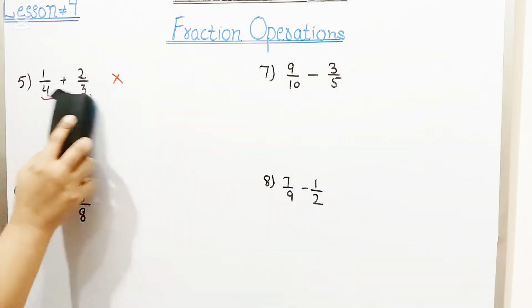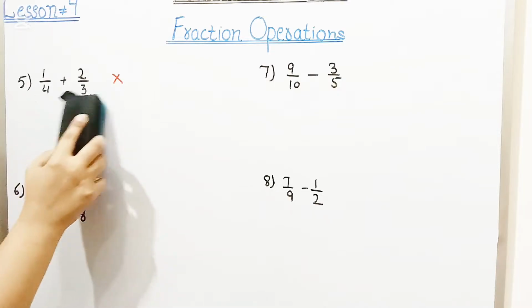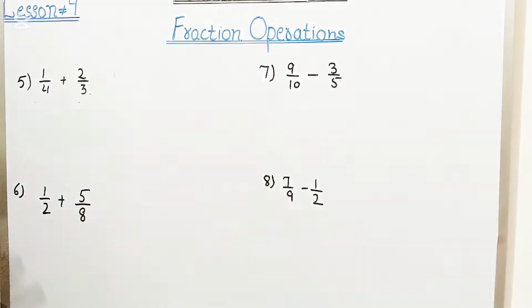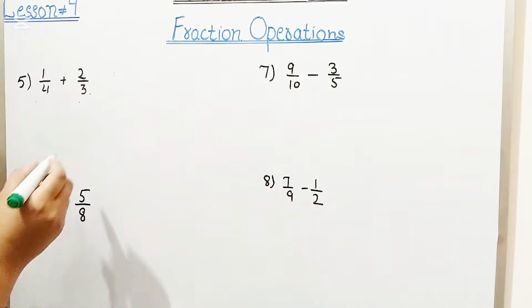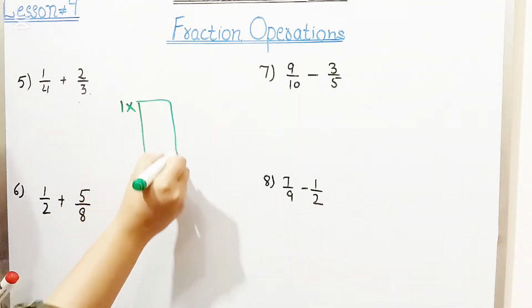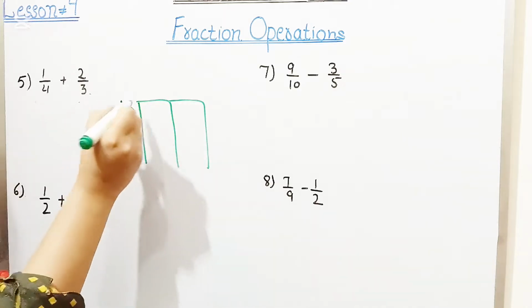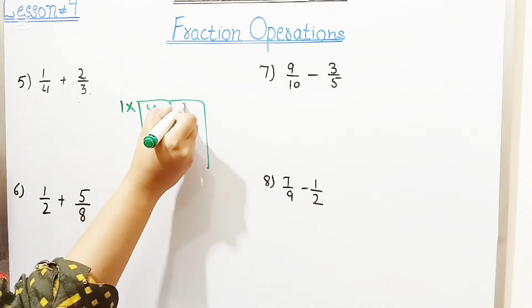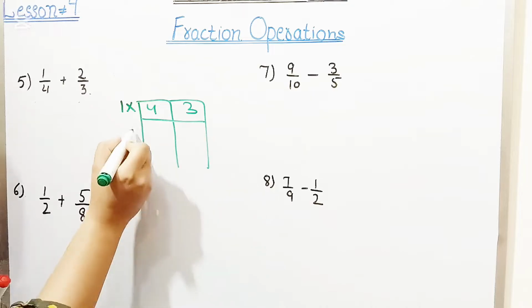Firstly, we make the list of multiples. We multiply with 1: 4 times 1 is 4, 3 times 1 is 3.